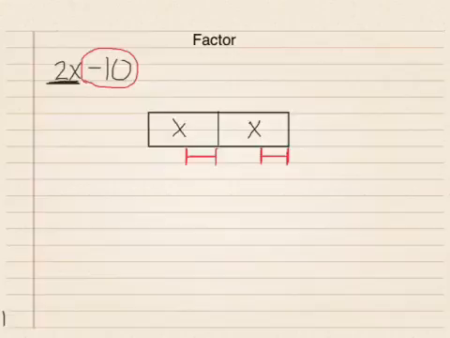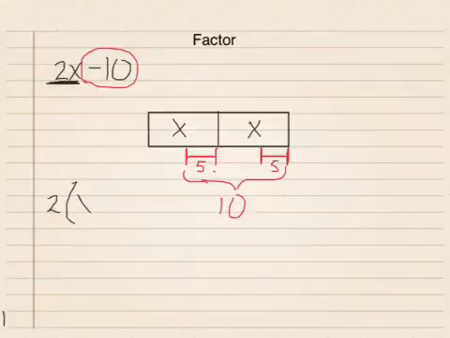If together this part and this part saved us $10, we can see that I was able to save $5 on each ticket. So here we would have 2 groups of x take away 5.